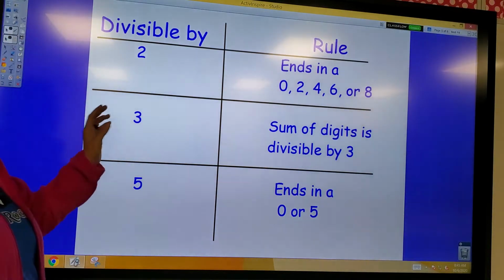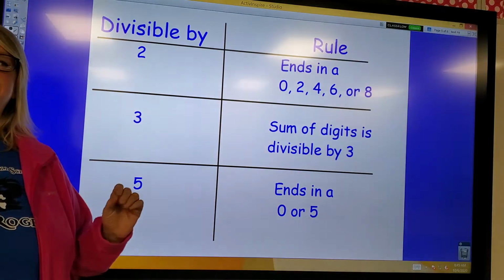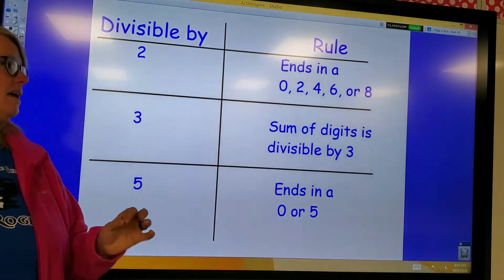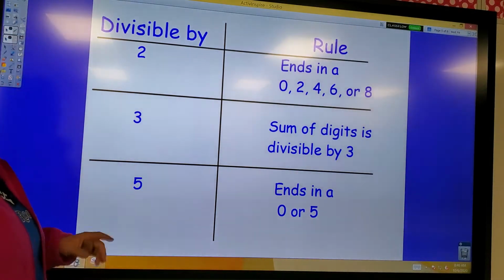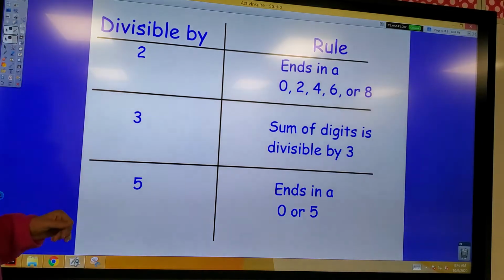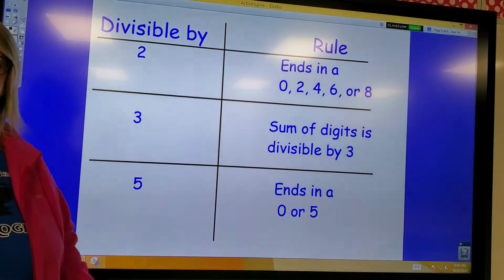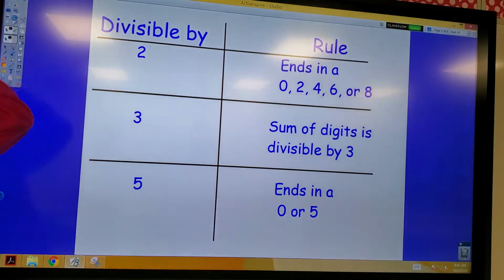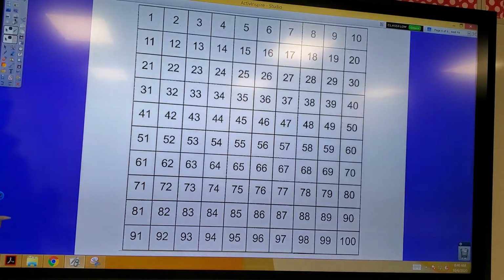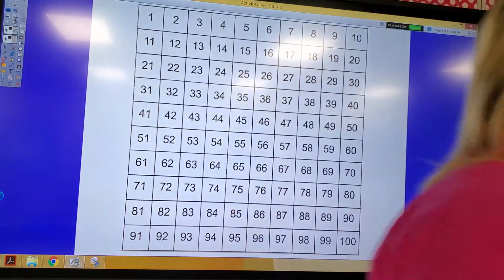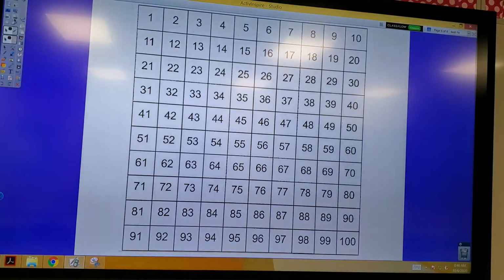If a number is divisible by 3, that means that the sum of the digits is divisible by 3. And if a number is divisible by 5, then that means it ends in a 0 or a 5. Okay? So again, go ahead and get out your hundreds chart real quick. I'm going to pause this video for just a second, and then we will identify them.